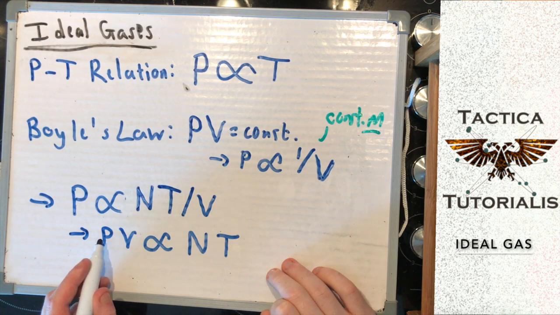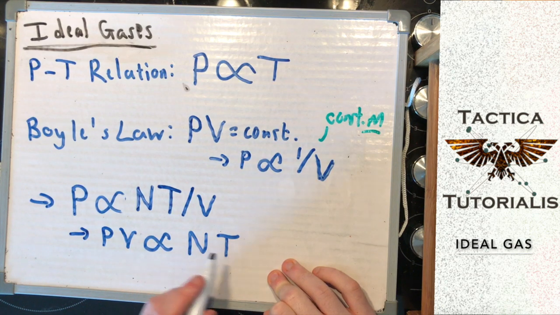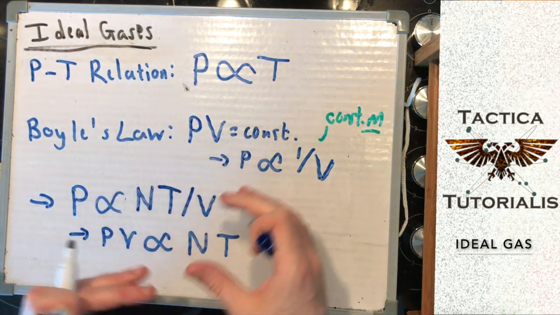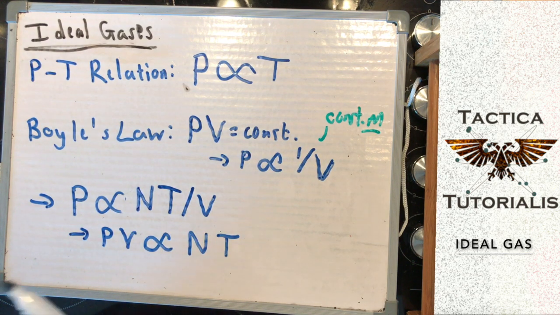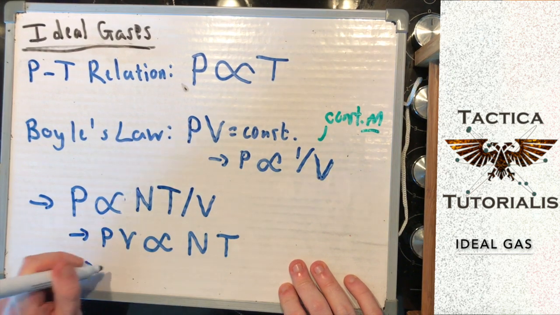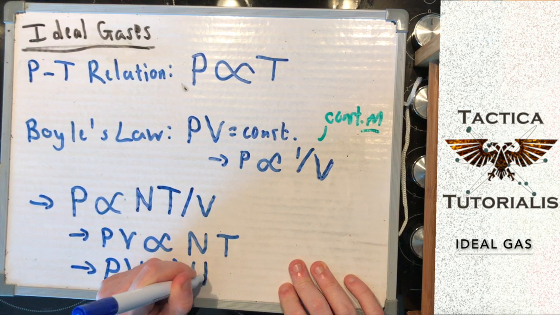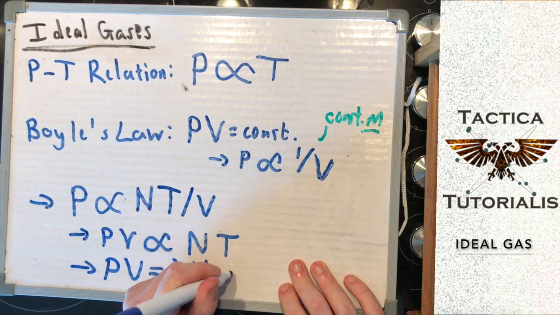And all we therefore need is to work out what the constant of proportionality is. So we can change pressure, we can change volume, we can change the amount of gas particles, and we can change the temperature, and all of them work together in this intermingling ecosystem. And the constant of proportionality is this: PV equals N k T, lowercase k.